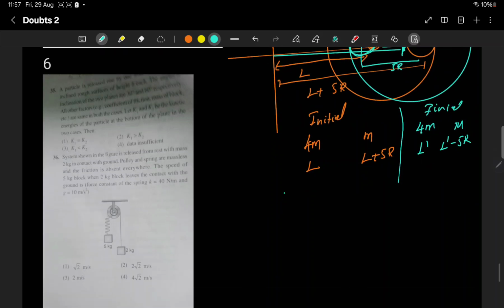Here no external forces are acting, so the center of mass does not change.